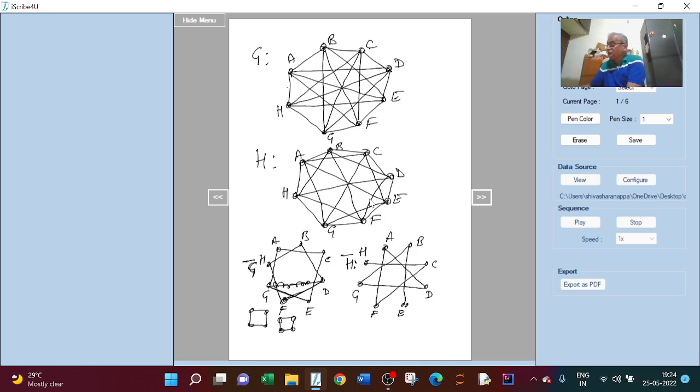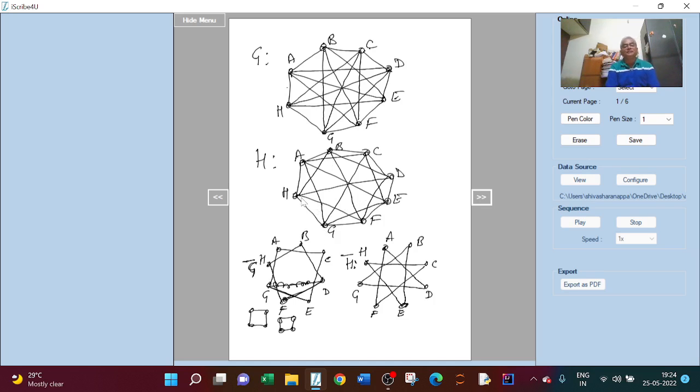E to H. Okay. Next, from F. F to C I have written, F to A also written. From G, G to B is written, GD is also written.